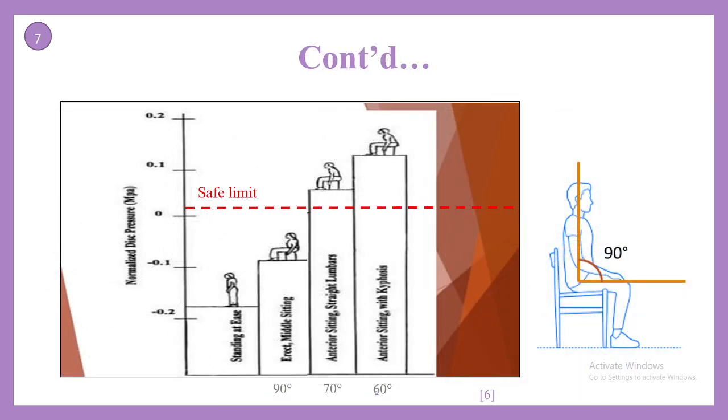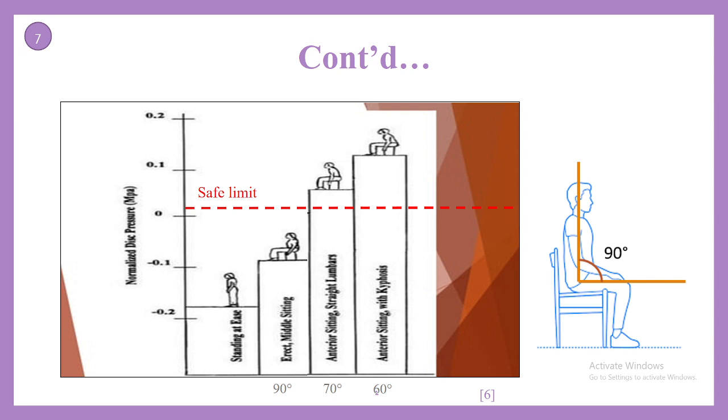Basically, due to this bending, the person has some stress on the body, so it is sort of back muscle stress or internal disc pressure. Here you can see the pressure on the disc. The safe limit is about 0.1 megapascal.